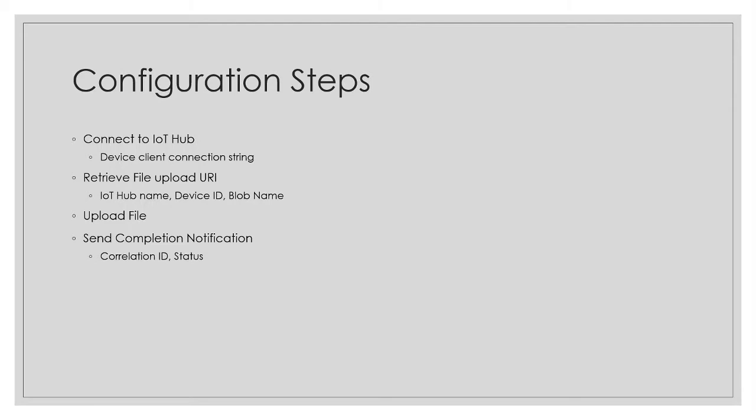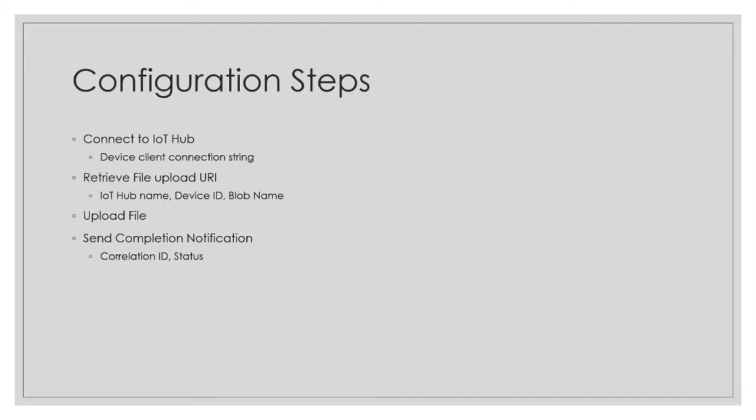After the file is uploaded, we can get the completion notification or the failure notification. We'll get the correlation ID. As the file size is big, it will give us a correlation ID with which we will be able to know the particular status of the file upload. Let us say there are 10 file uploads going on, so you need to know the status of a particular file.